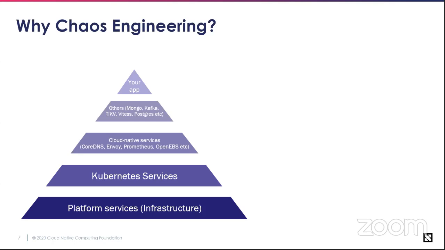And moving on to why we need chaos. Of course, there are a lot of layers that we have. It's not just your application; the resiliency depends on the other layers as well. Let's say MongoDB, Kafka, Cassandra, the database layers, and then the cloud native services that you use, like CoreDNS, Envoy, Prometheus.